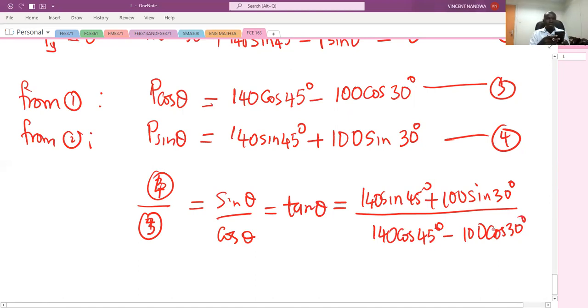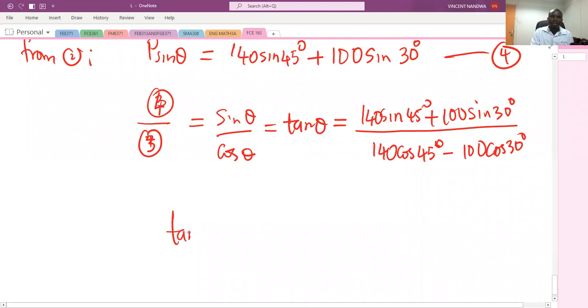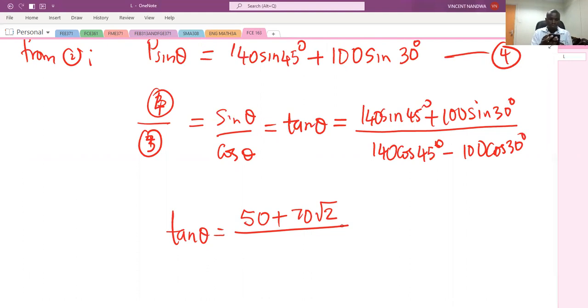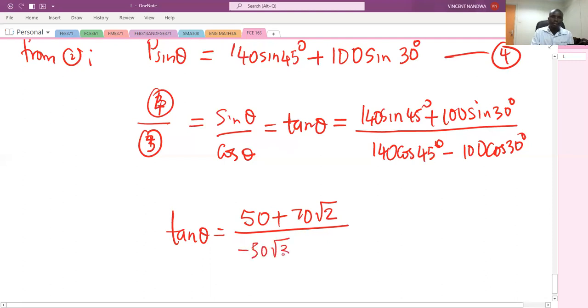So 140 sine 45 plus 100 sine 30, and then I'll get tan of theta equals 50 plus 70 root 2, divided by 140 cosine of 45 minus 100 cosine of 30 degrees, which gives negative 50 root 3 plus 70 root 2.